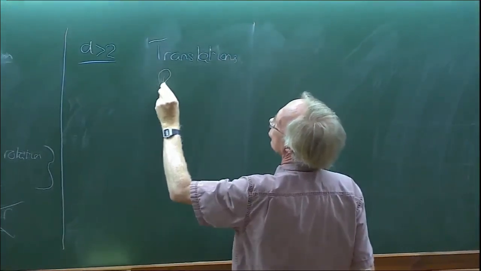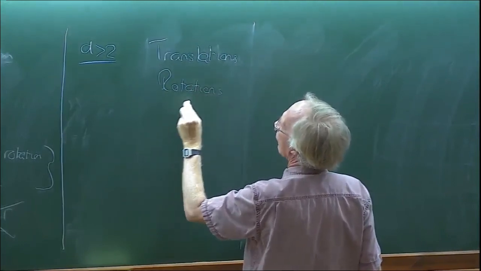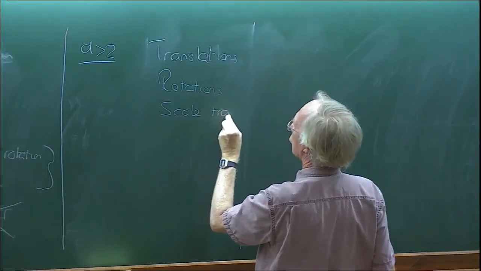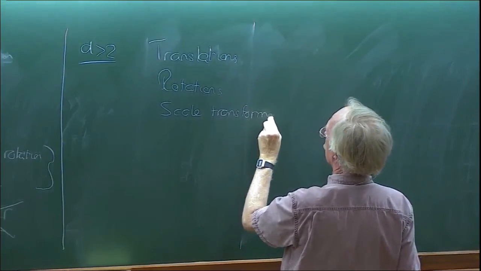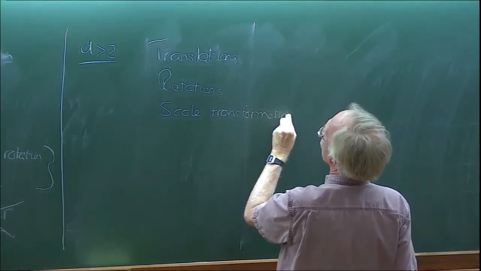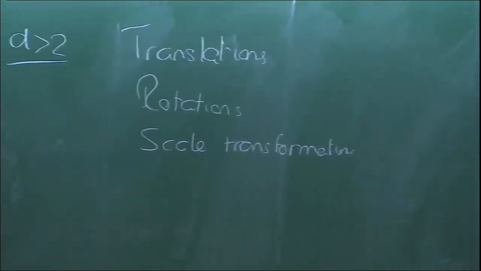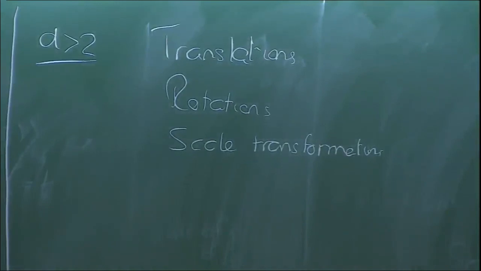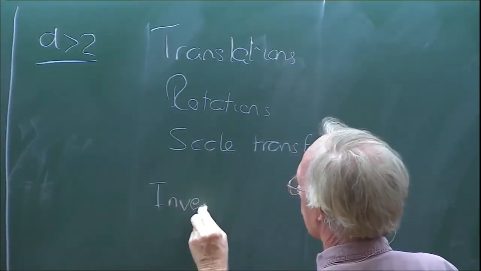We have rotations. And we have scale transformations, which are sometimes called dilatations. So we have these. So what do we get extra? Well, it turns out that there's really only one extra thing that we get, which are called inversions.